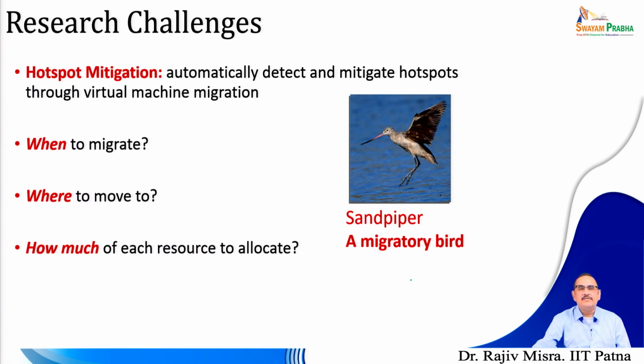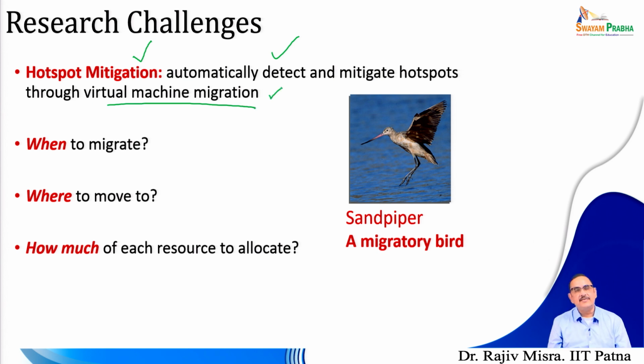So, let us see some of the research challenges in solving this problem using the virtual machine migration technique. The first challenge is hotspot mitigation, that is, how we can automatically detect and mitigate the hotspot through virtual machine migration.